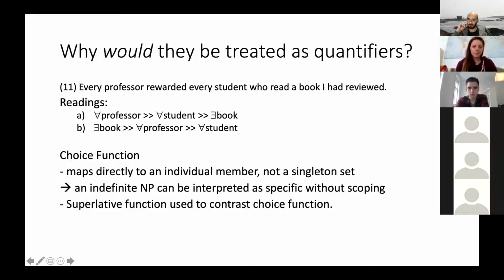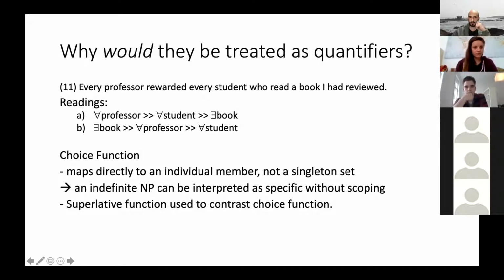This brings us to wide scope indefinites. The problem with indefinites concerns their scope: if indefinites have a quantificational representation in addition to the representation as variables, then they should have the same scopal options as other quantifiers. However, this expectation is not met.